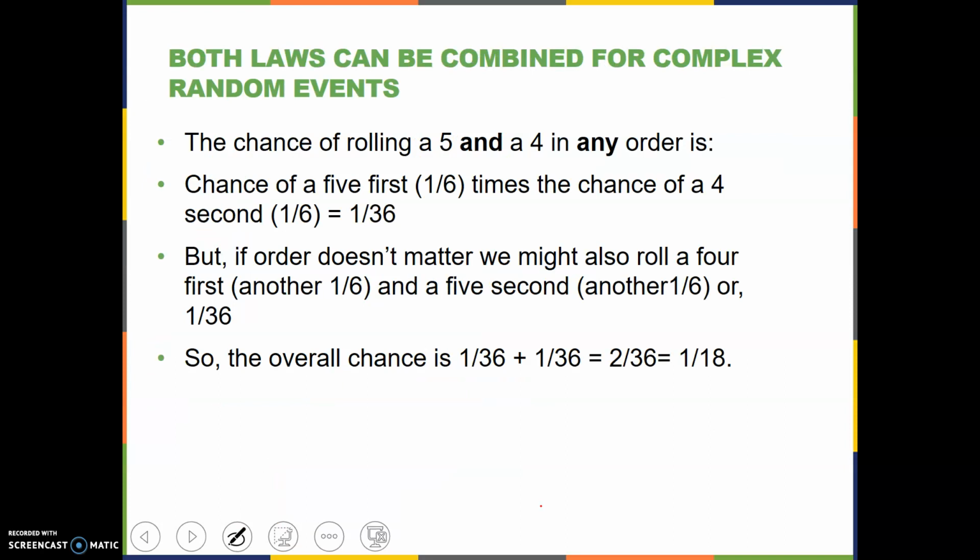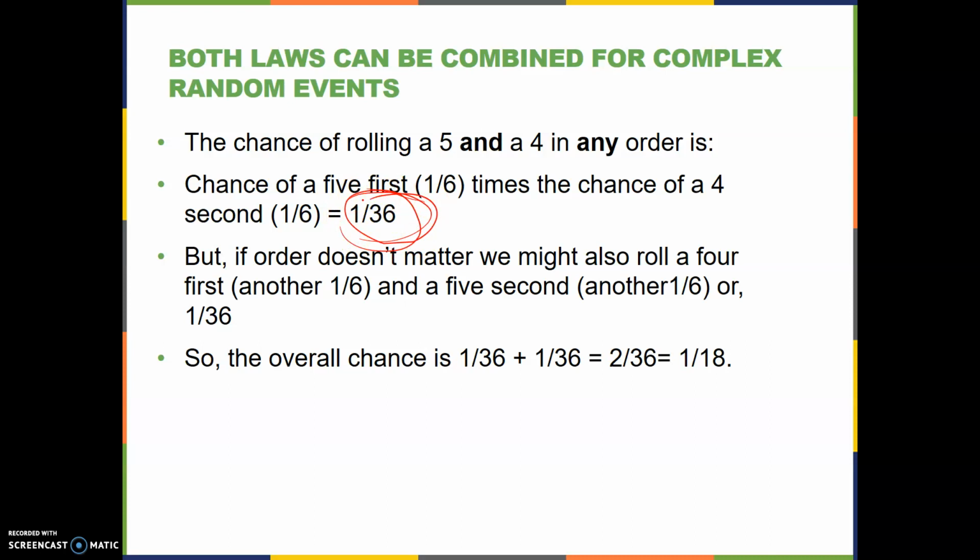And then you can combine the laws of probability, or the probability rules, for complex random events. So the chance of rolling a 5 and a 4 in any order is: the chance of a 5 first is 1/6. The chance of a 4 second is 1/6. So it's 1/36 chance that you're going to roll a 5 first and a 4 second.